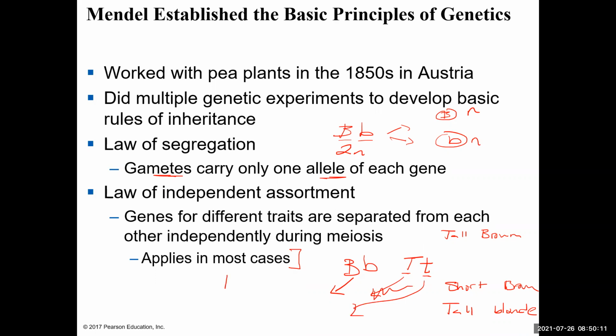And that's because, if you remember, your homologous chromosomes line up on the metaphase plate, right? And so this one would be big B, little b, this one would be big T, little t. And they could line up this way or they could be flipped, right? That independent assortment that we talked about.